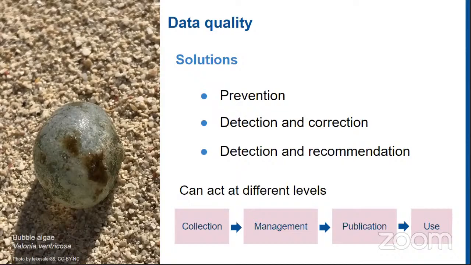This typically happens when we see errors in someone else's data. We detect the error and we recommend them some change. And so all these approaches can act at all the steps in the data workflow, from the collection through the management and publication and up to the use of the data.